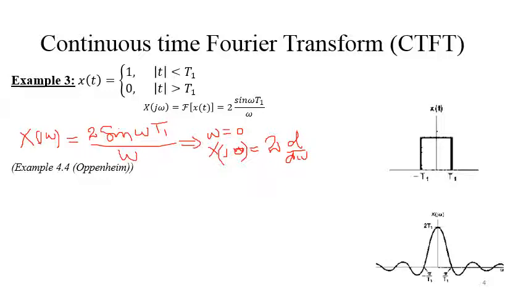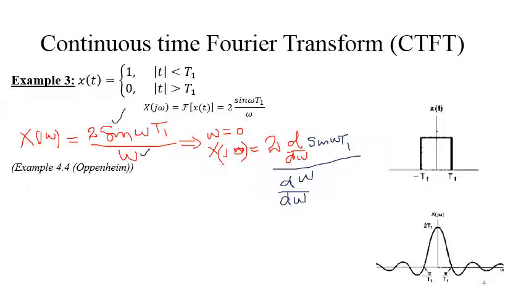So based on that rule you take the derivative of numerator and denominator, right? The numerator is sine of omega t1, so d upon d omega of it, and d upon d omega of omega.